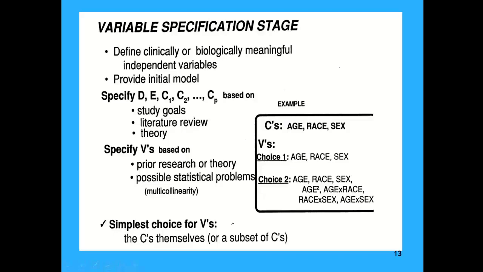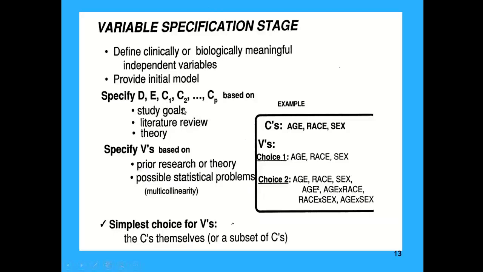You have to measure the key variables in your study, which are your health outcome and your exposure variable. You may have more than one exposure variable, and all the variables you decide are important to control for, which are called the C's. You do that based on the study goals, the literature review, and the theory. So you're starting with the D, E, and the C's.